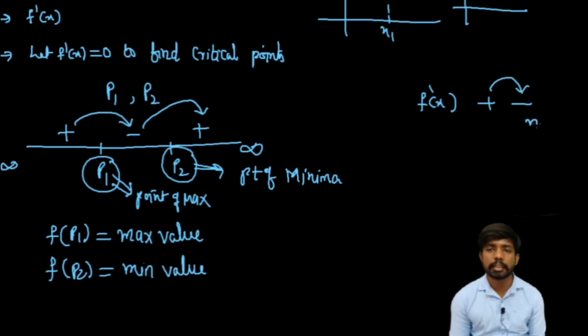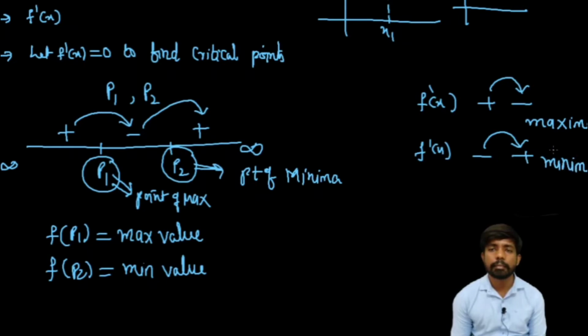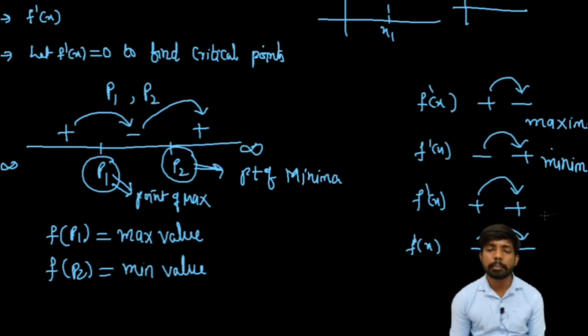If the slope is jumping from negative to positive, it is a minima. Next, if the slope is jumping from positive to positive or negative to negative, that point we call a point of inflection, or neither maxima nor minima.